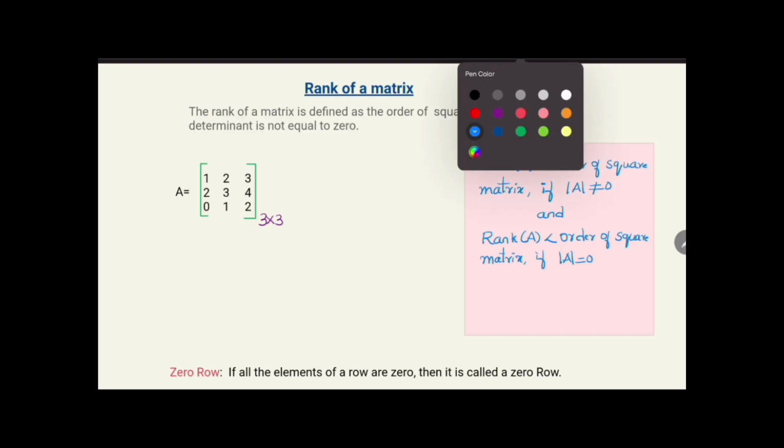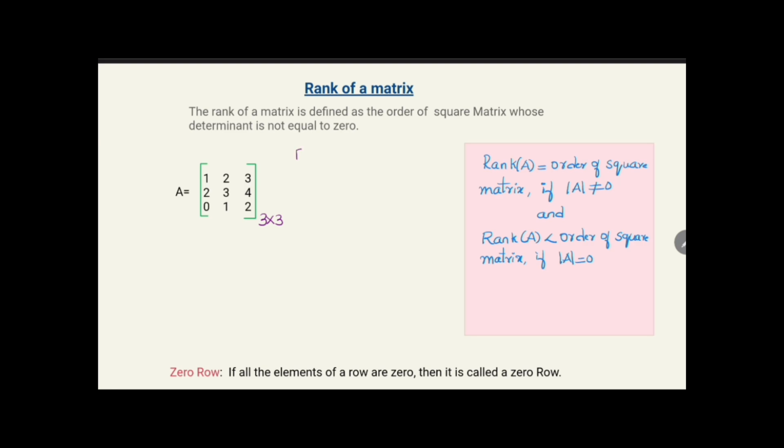For example, for a 3 by 3 matrix, if determinant is not equal to 0, then rank of A is equal to order, which is nothing but 3.